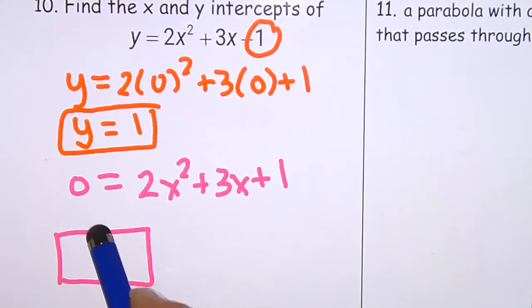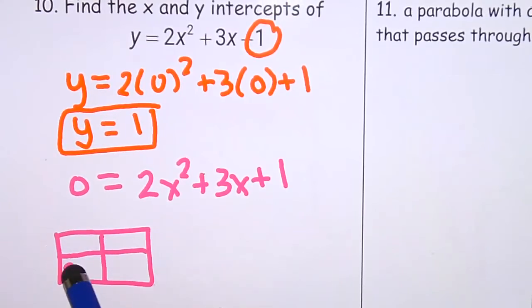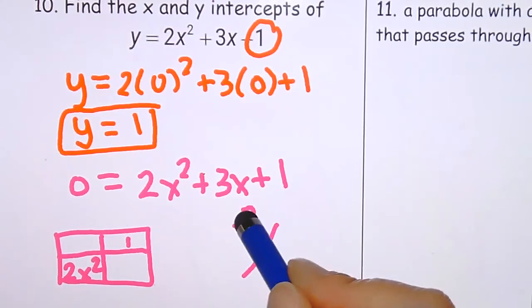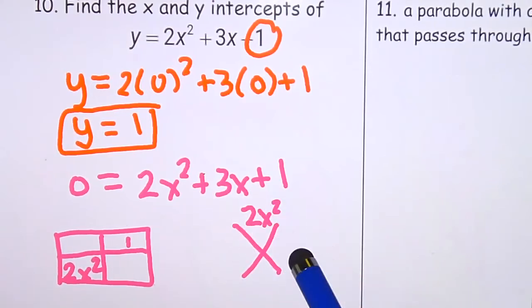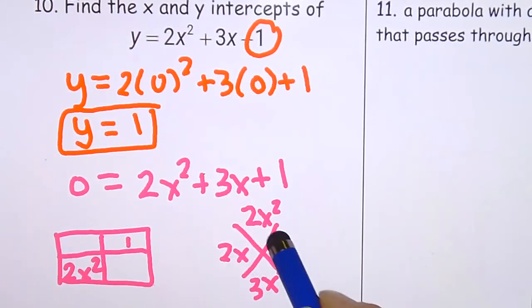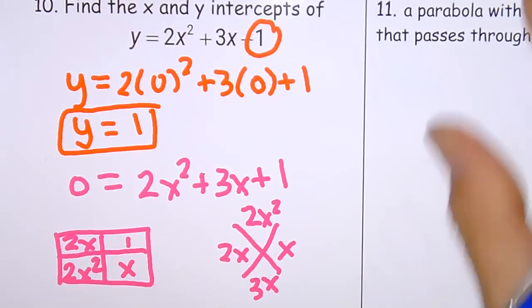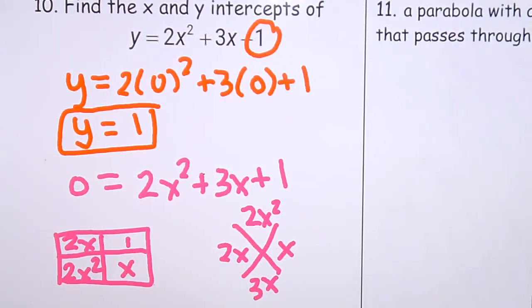So let's factor it. I'm going to have a 2x squared here and a 1 here, which means I'm trying to get a 2x squared and a 3x when I add, and that's going to be a 2x and an x. So I'm going to put a 2x and an x, and then I'm going to try to find the outside.